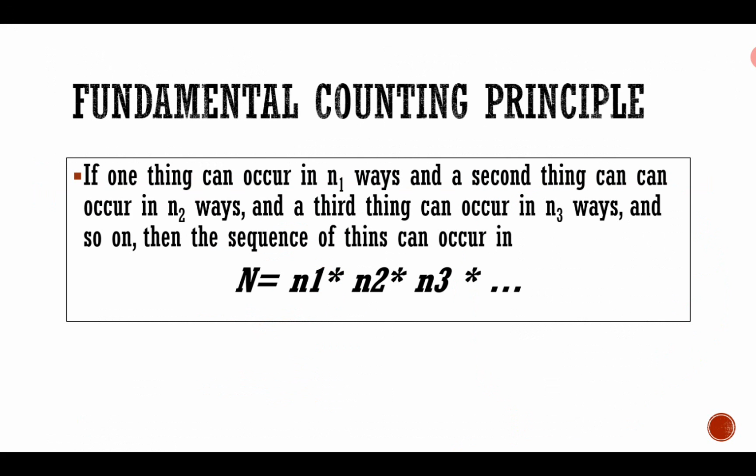That is our formula. Alright? Basically, our task is to simply multiply the ways that each thing can happen.